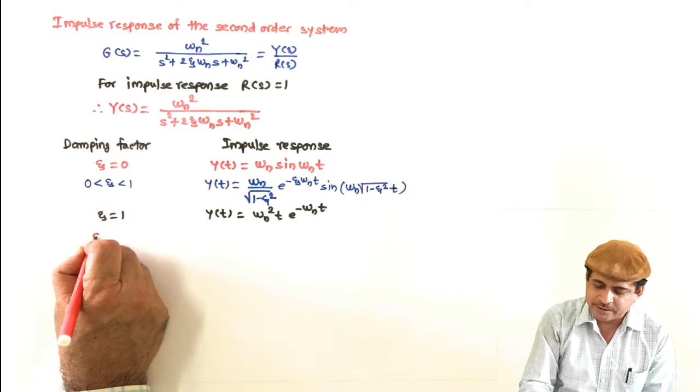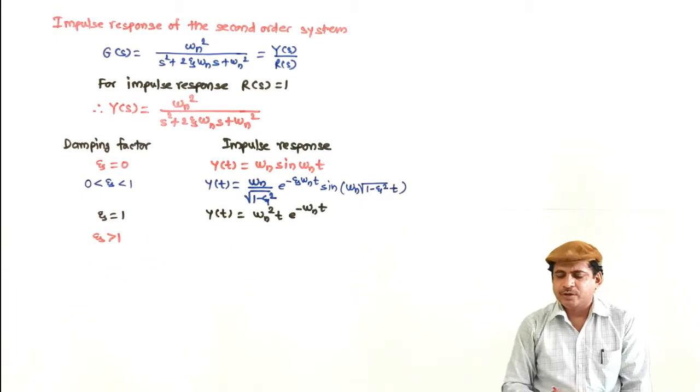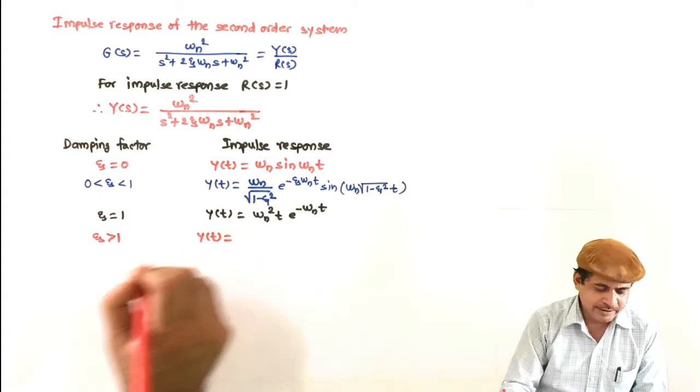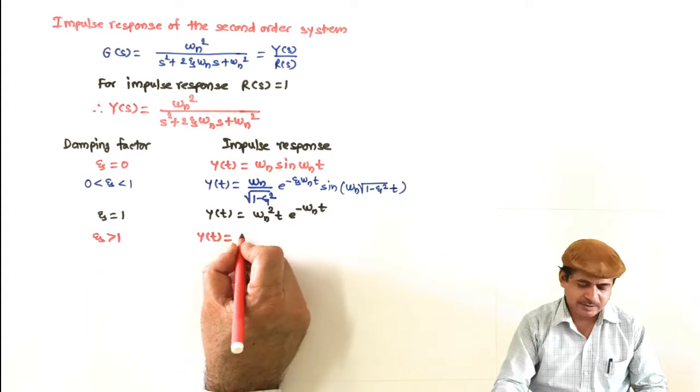And finally for zeta greater than 1 also, you will get a response which is non-oscillatory. It is also a complicated expression.